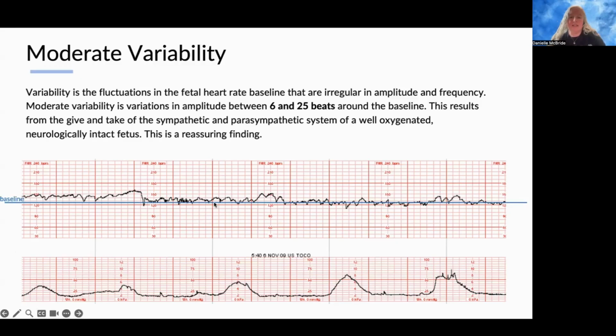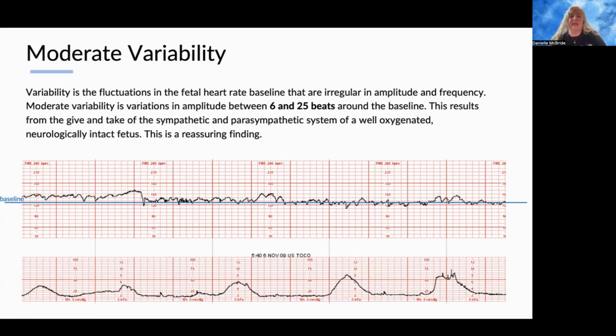Then we're going to look at these variations, or irregular changes in amplitude, that make your line squiggly. When you see the line squiggling above and below the baseline, this is variability. If it's between 6 and 25 beats around the baseline, this is what we call moderate variability.